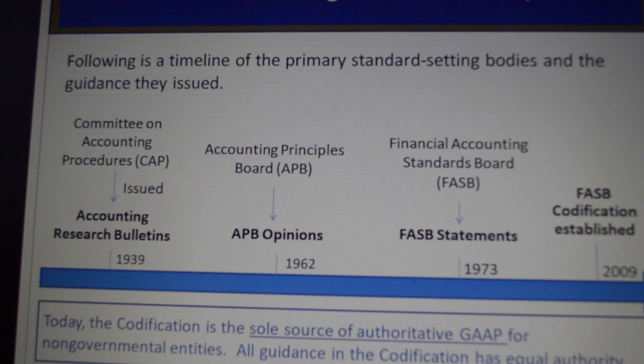The FASB Statements, 1973. FASB codification established in 2009. Today, the codification is the sole source of authoritative GAAP for non-governmental entities. All guidance in the codification has equal authority.